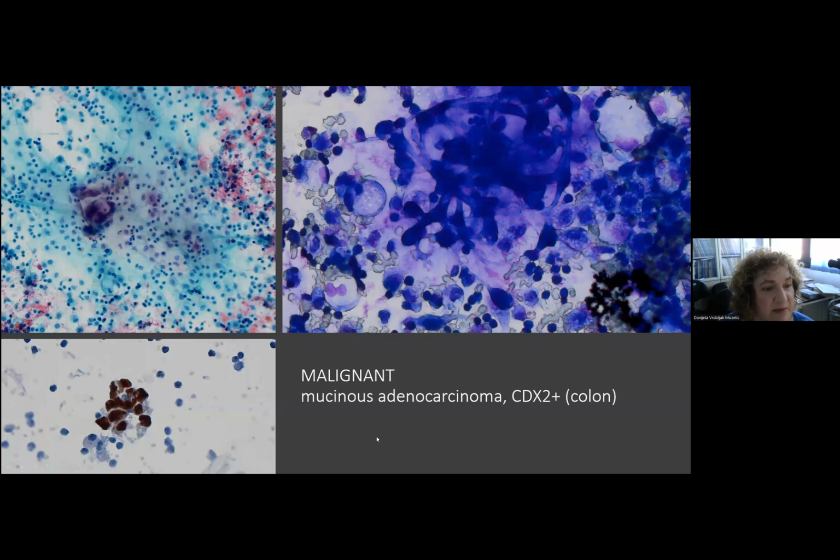It was an example where the cells were so sparse. You can see here abundant mucinous material and just a few malignant cells. And here we used immunocytochemistry on cytospins, and this was CDX2 positive, and the origin of this tumor was colonic cancer.